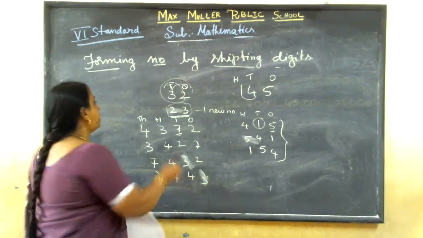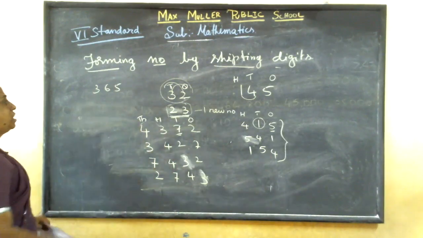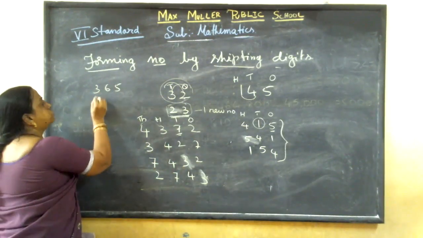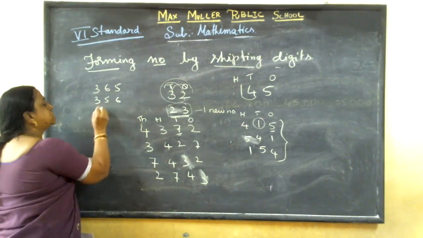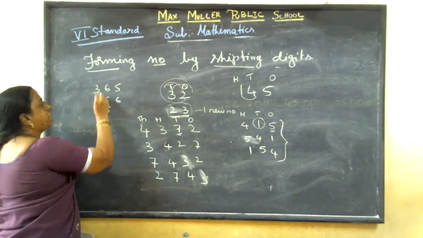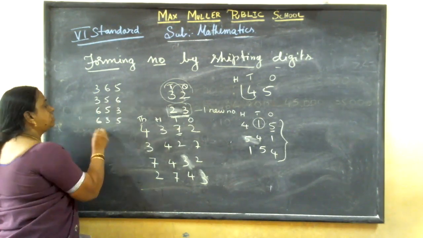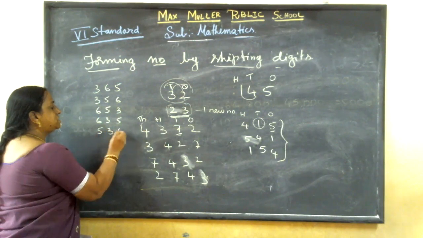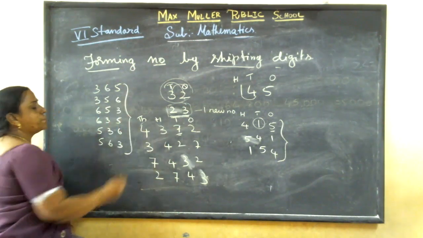Got it? For example, I will take 365. How many new numbers can we form? I will take 3 in hundreds place: 3, 5, 6. Now 6 in hundreds place: 6, 5, 3. 6, 3, 5. Now 5, 3, 6. 5, 6, 3. So 6 new numbers we can make.